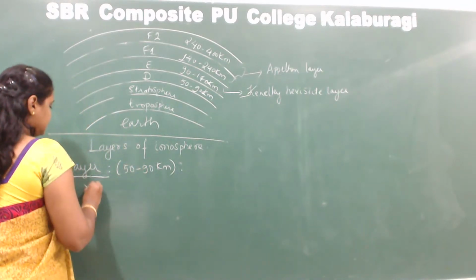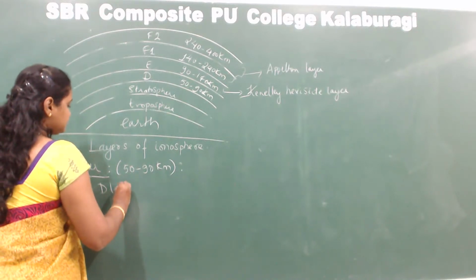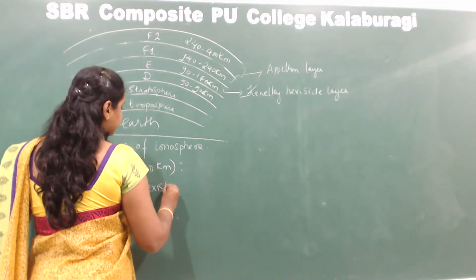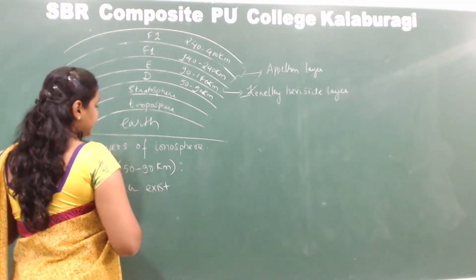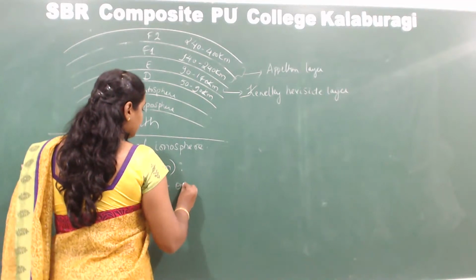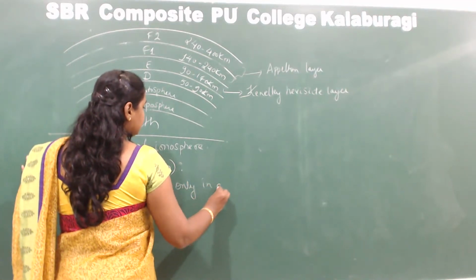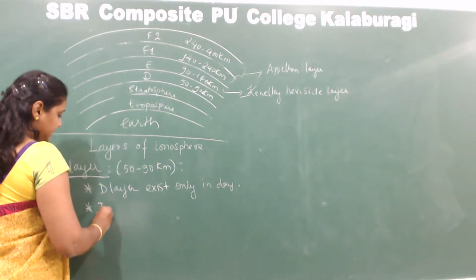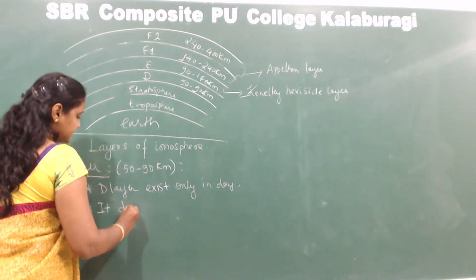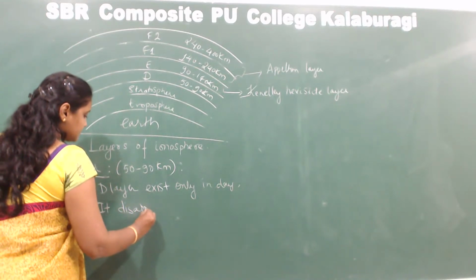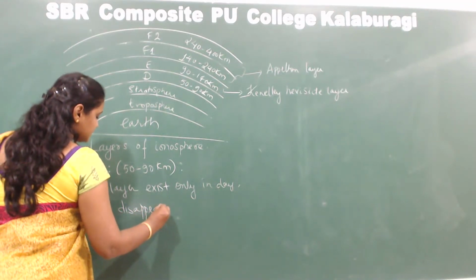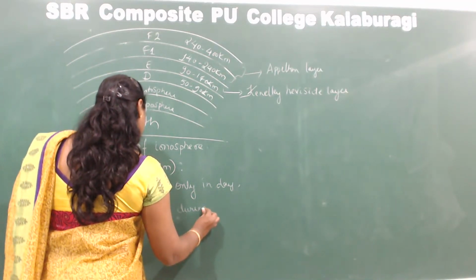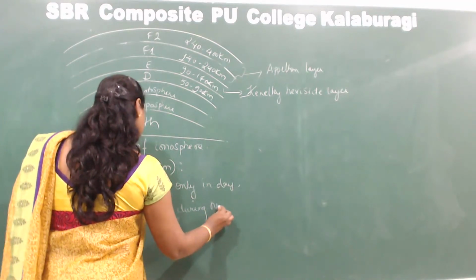D layer reflects waves, and D layer exists only in the day. It disappears during night.